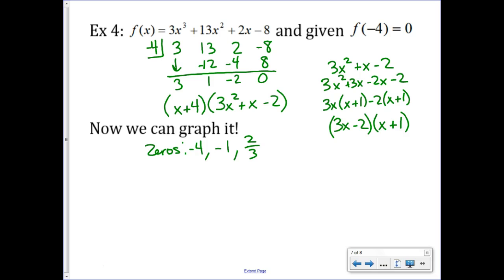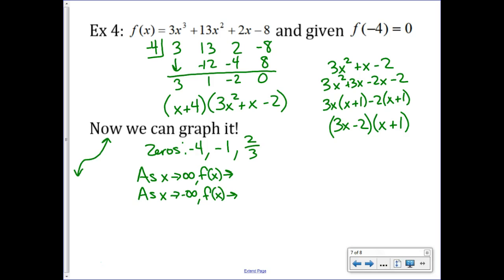We also know from our previous lessons that we can figure out end behavior as x goes to infinity. We want to see what f of x will do. And as x goes to negative infinity, we want to see what f of x will do. So since it is a cubic, we're thinking something like this.